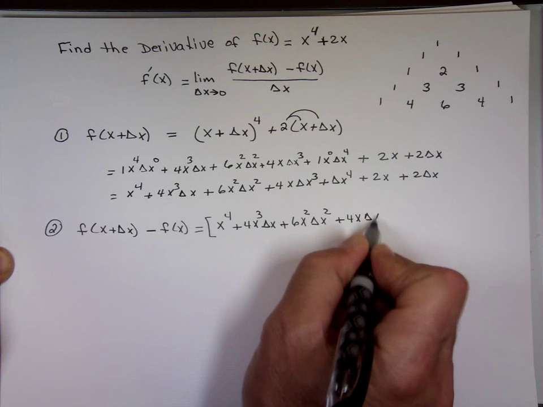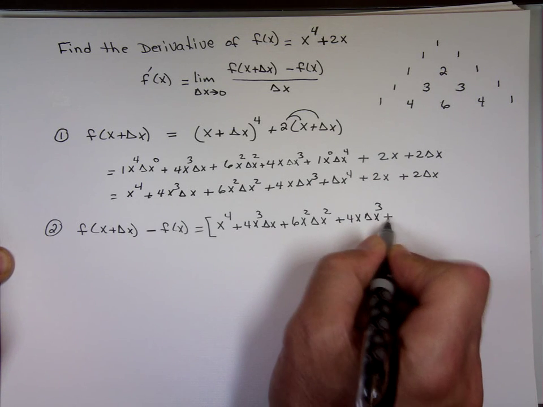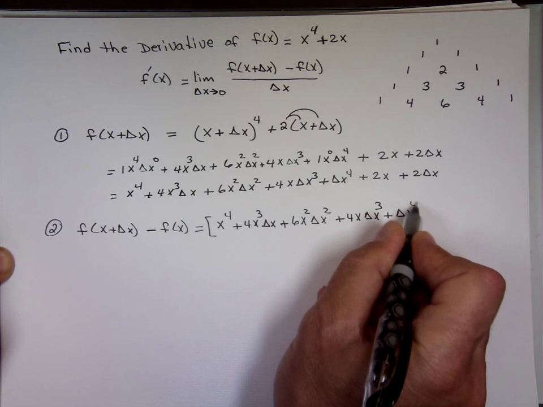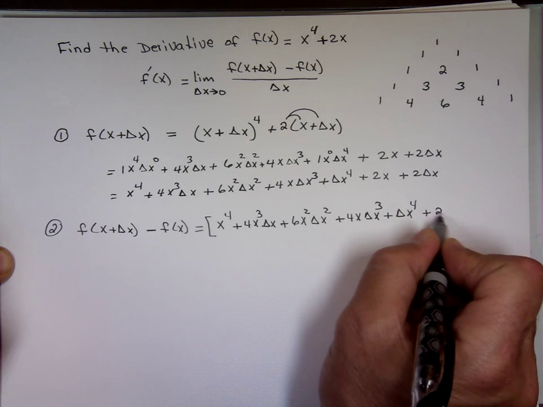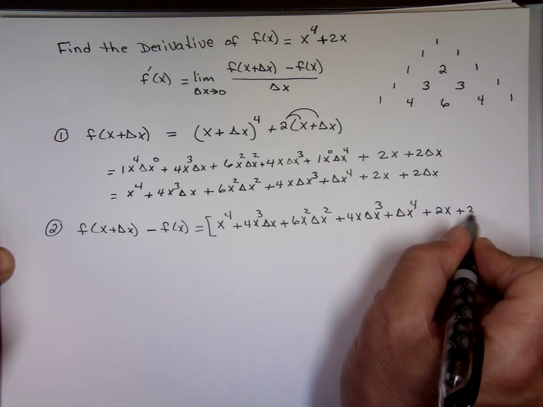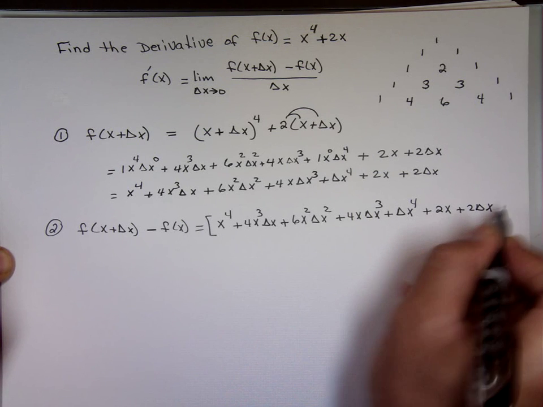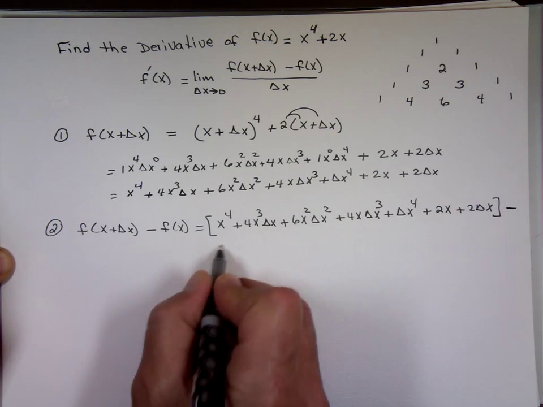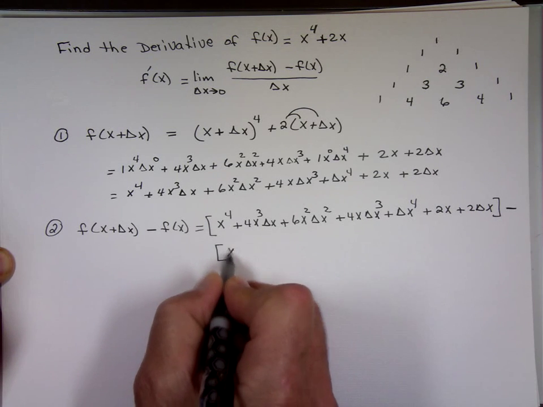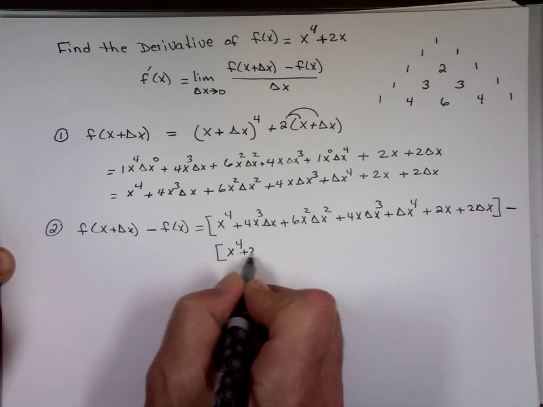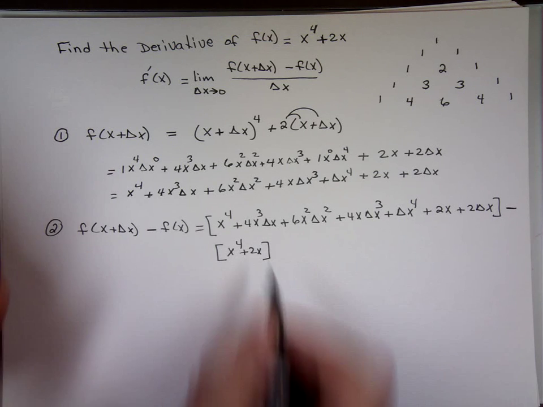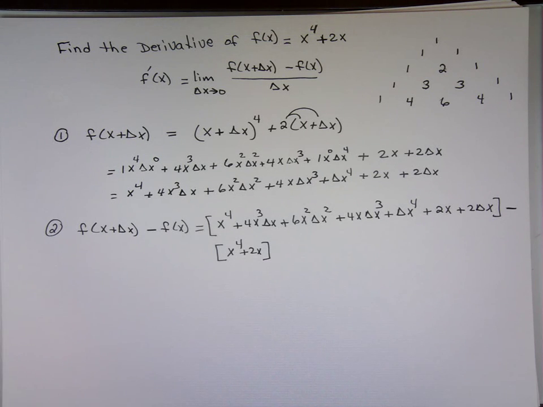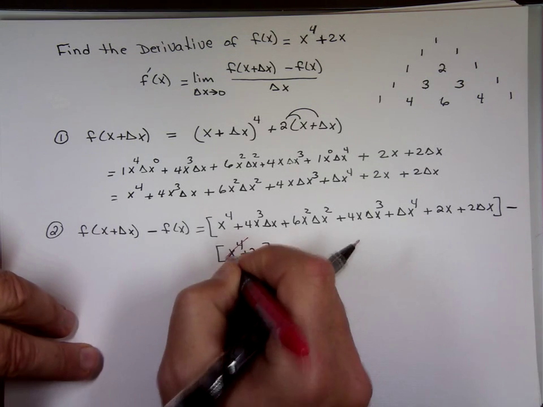I'm not sure what I was thinking when I opted to go with 4. Minus f of x. What's f of x? Which is x to the 4th plus 2x. And when you subtract them, x to the 4th cancels x to the 4th, 2x cancels 2x.